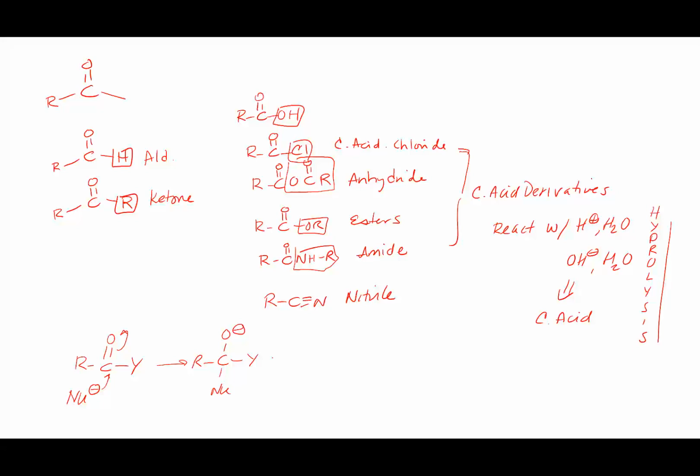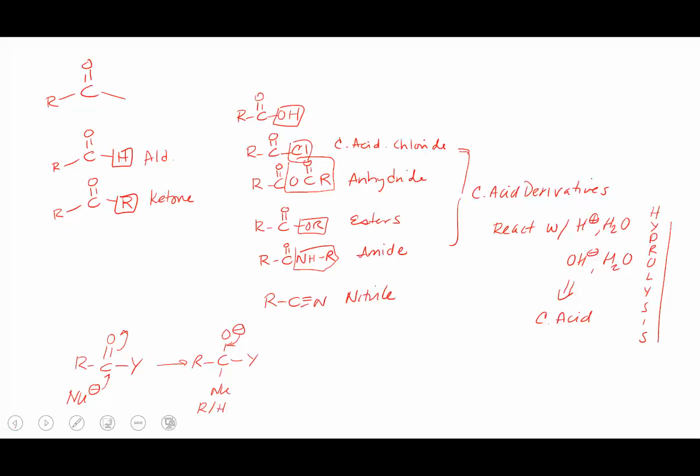And then what tries to happen here? We try to reform the carbonyl by bringing this pair of electrons down. Now, if this nucleophile is either an alkyl group or a hydrogen, can it leave? No. Alkyl groups, carbon and hydrogen, are the strongest bases that we have, and therefore they are the worst leaving groups.